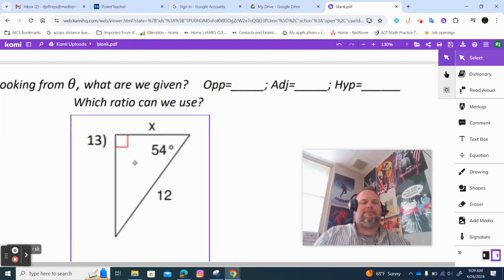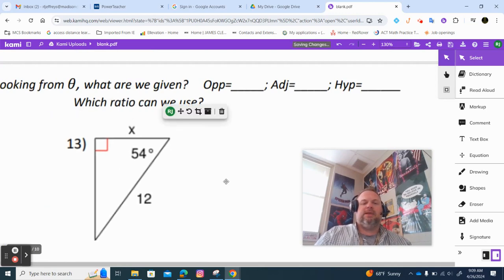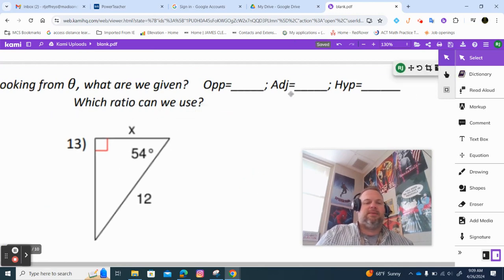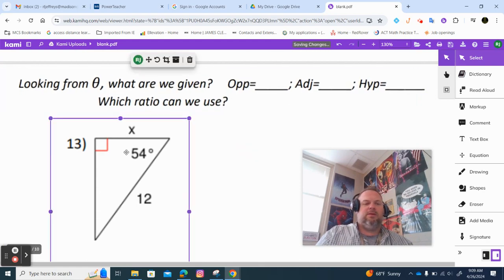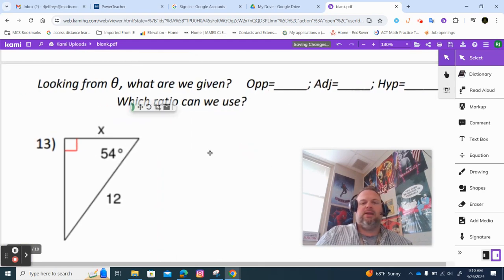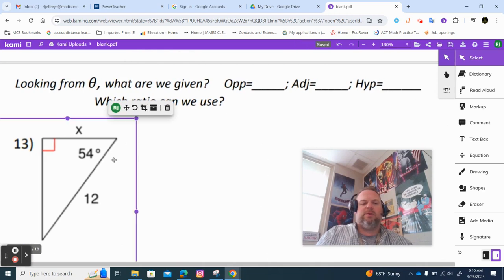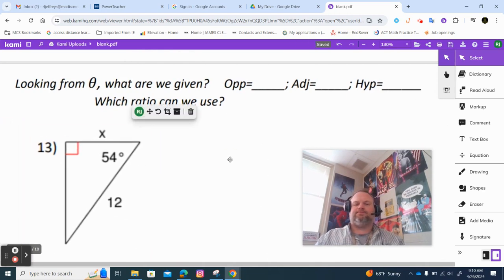All right. So what I grabbed in here was actually our notes from Monday, where it says, what are we given and what can we use? Okay.